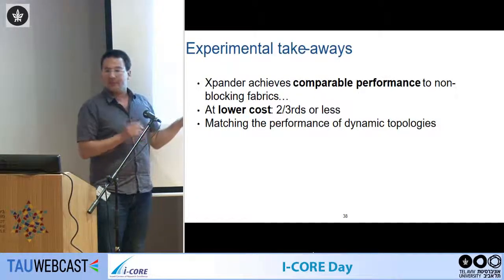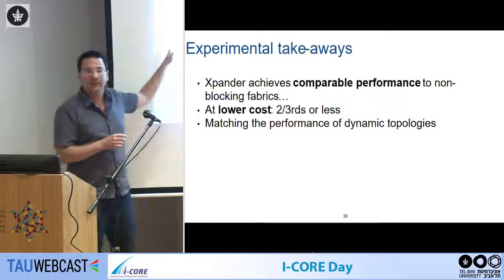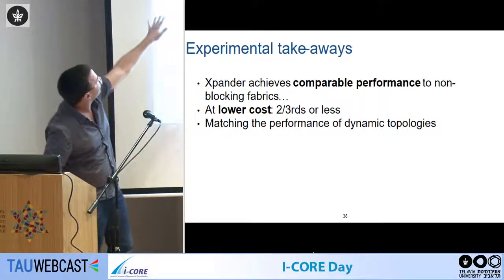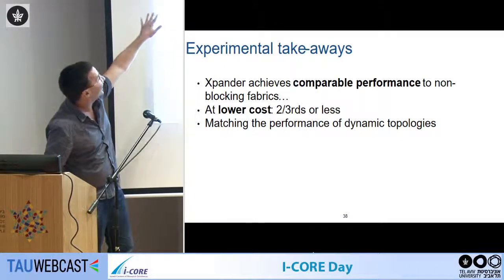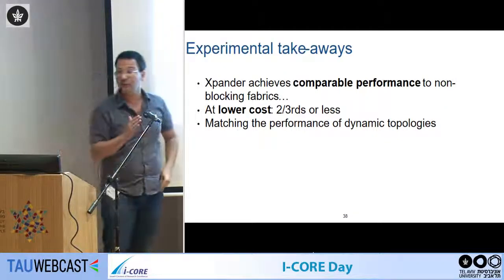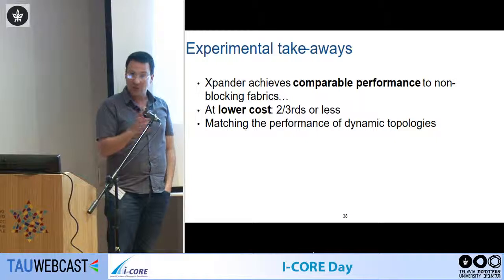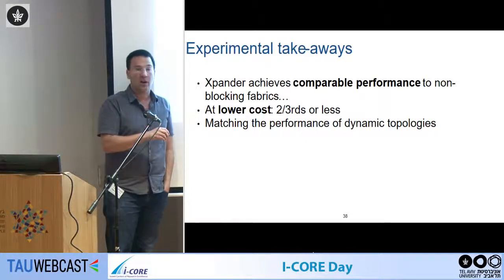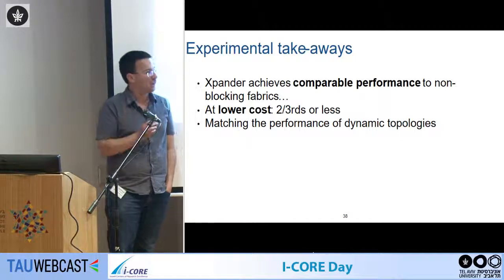Please look at the paper for the concrete results, but these are our take-home messages. One is that Expander achieves comparable performance to non-blocking fabrics at a lower cost, that is 2/3 or less. So this is a way to achieve both flexibility and a much lower cost than just providing fully non-blocking.